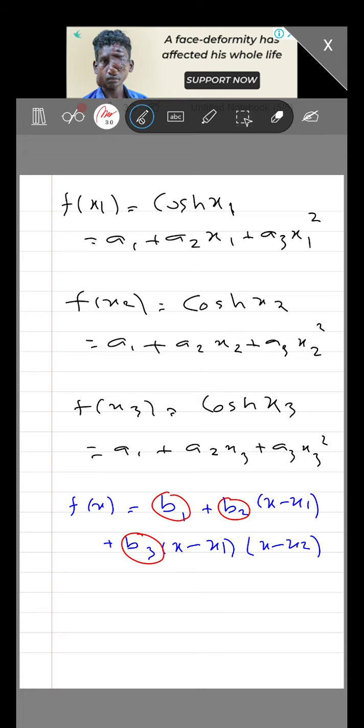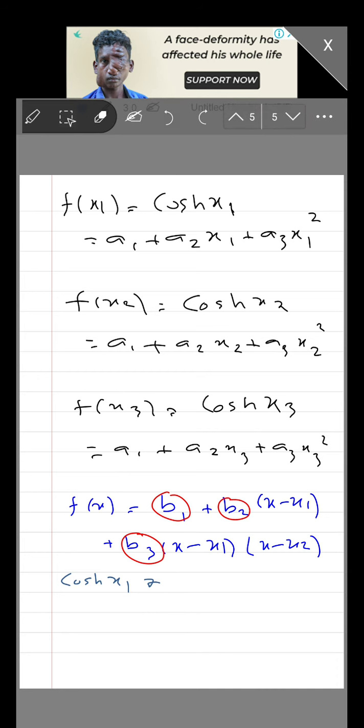So we'll use the simultaneous equations, that is cos h(x1) is equal to f(x1), and by solving it, it comes out to be equal to b1. Cos h(x2), which is equal to f(x2), has the value b1 plus b2 (x2 minus x1).